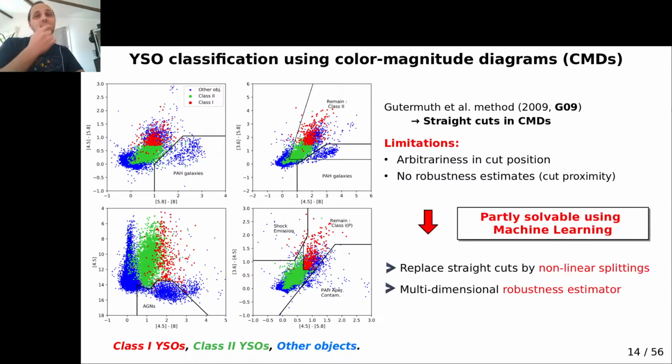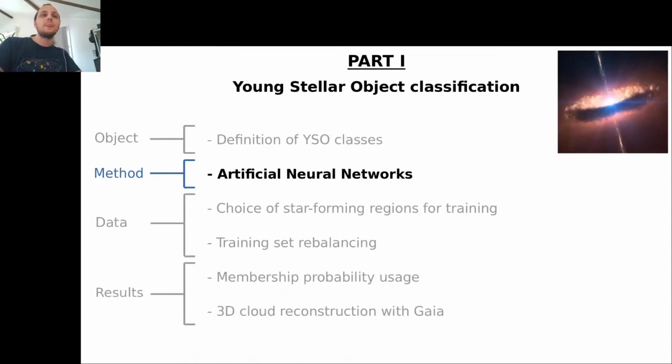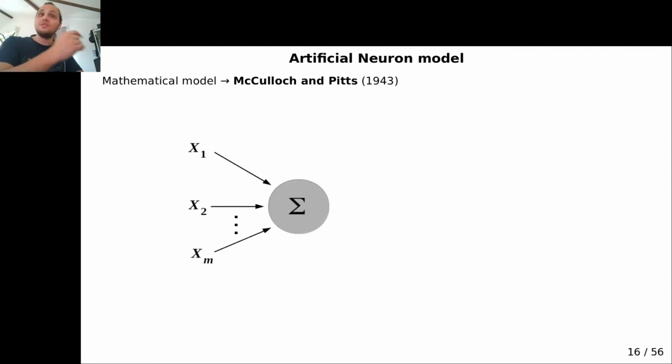Those limitations can be partly solved, at least, using a machine learning approach, which will allow us to replace straight cuts by nonlinear splittings and to provide multidimensional robustness estimators for each object that is classified. Now I will be brief on the artificial neural network methodology, but I will still introduce a few things. Artificial neural networks are constructed upon a mathematical model of a neuron.